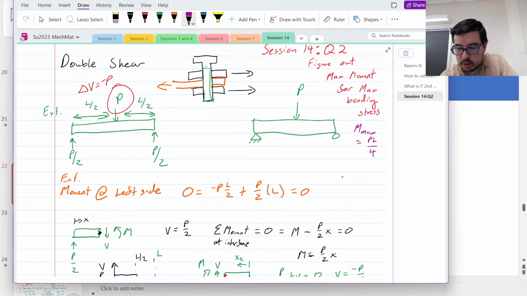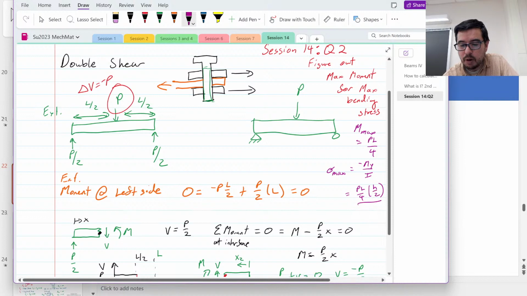And then the sigma max, we know that we have it at negative My over I. So we have our PL over 4, we have our h over 2 because we're halfway up, and we have our I, which is bh cubed over 12.